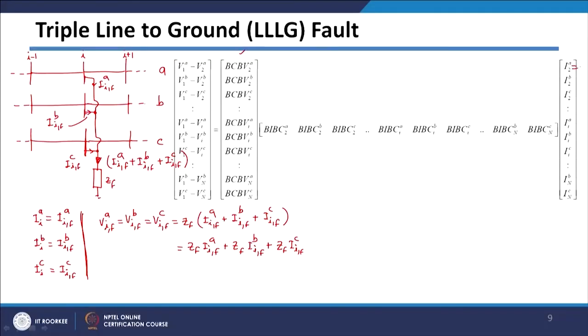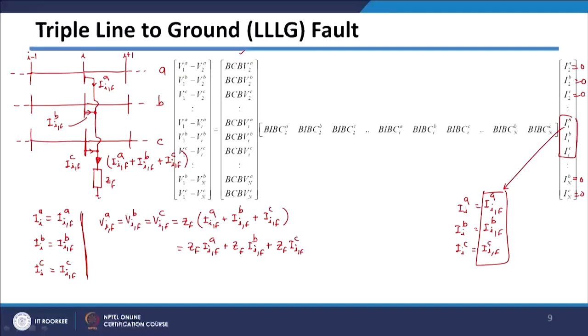So all these currents except these currents will be 0, and we have seen that this current IA is actually the fault current of A. So I can just replace this by this one, and in B phase there will be fault current in B phase also, and then in C phase there will be fault current. So these three entries will get replaced by the fault currents, otherwise all entries will be 0.